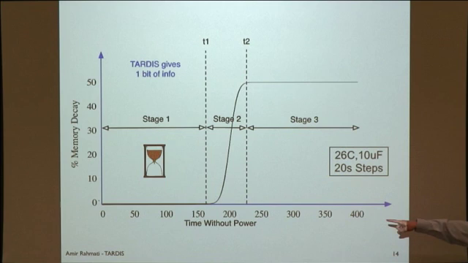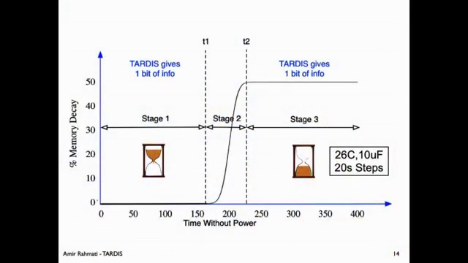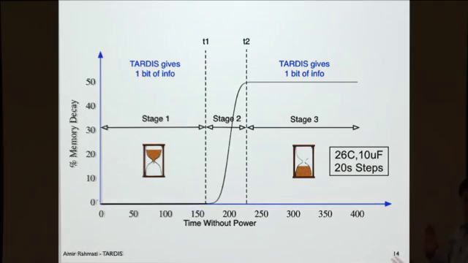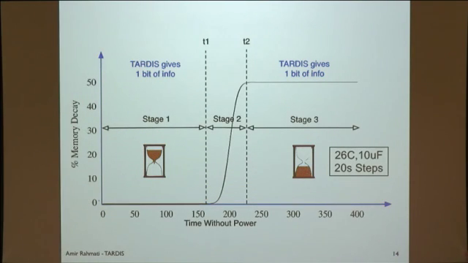It happened to be around 150 seconds. At that point is when SRAM cells began to decay, but not all instantaneously. They all decayed at different points in time. So that's when you enter the second stage, where you can get some more precision in terms of how much time has elapsed. But it's a relatively short sliver of time, and for that reason, at the moment, we're not exploiting that sliver. At the moment, we're only exploiting the TARDIS to give us 1 bit of time. Has the hourglass expired or not?